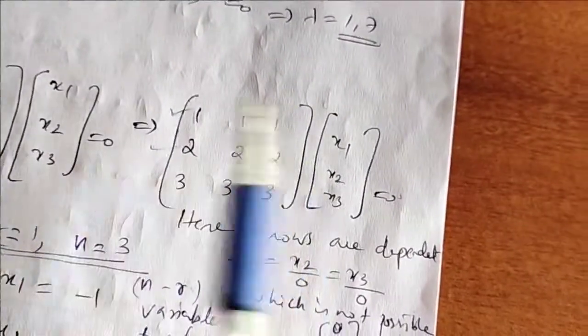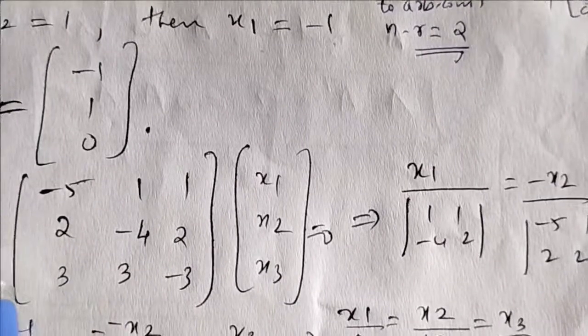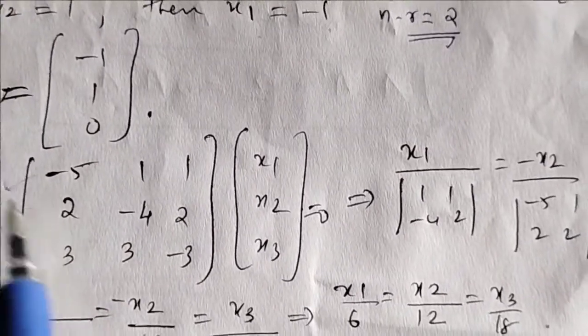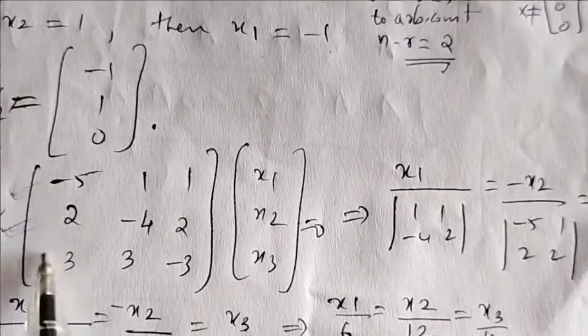If you get an equal root, and here you get a matrix whose rank is 1, then you have to do it like this. Then next, for lambda equal to 7, subtract 7 from the diagonals. Here we can see that the rank is not equal to 1. The rank may be 2, so we can choose any two rows.